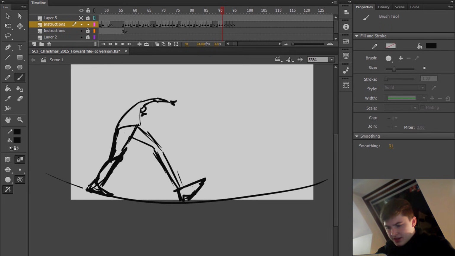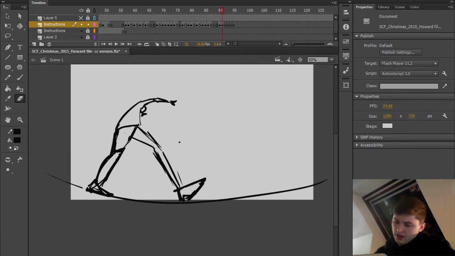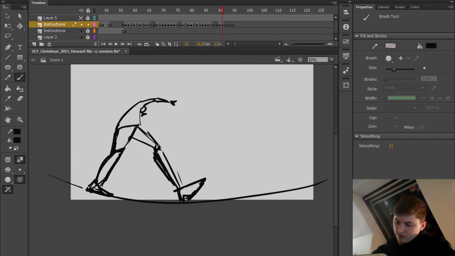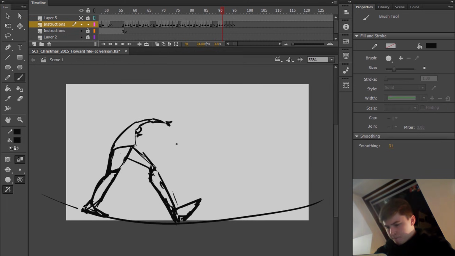Something like that. Actually, the knee would be higher. I'm not using reference for this, so it's a bit tricky, but maybe this guy's in the air like this, and he's just missed a kick, so he's going round like that.